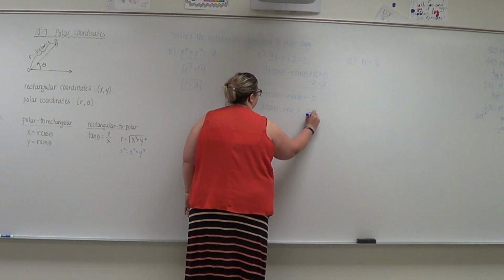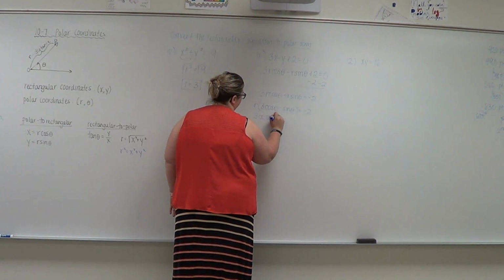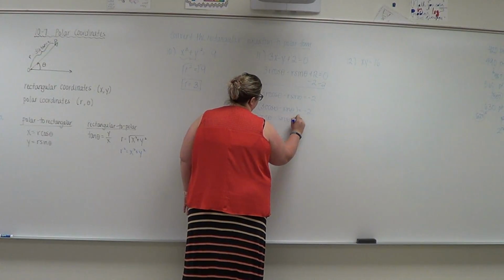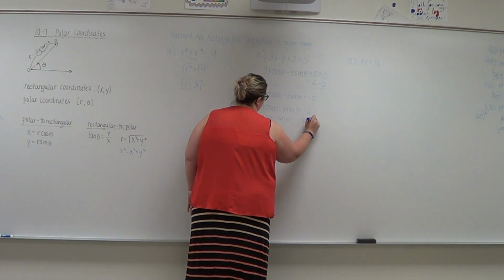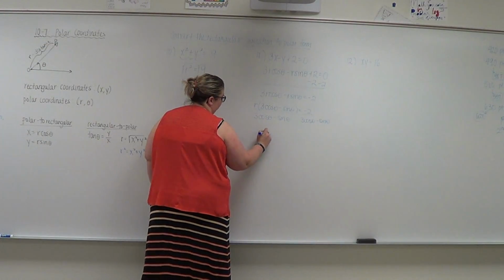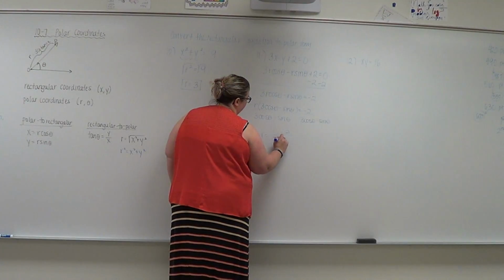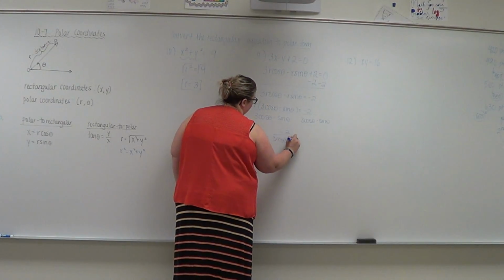Divide. So r would equal negative 2 over 3 cosine theta minus sine theta.